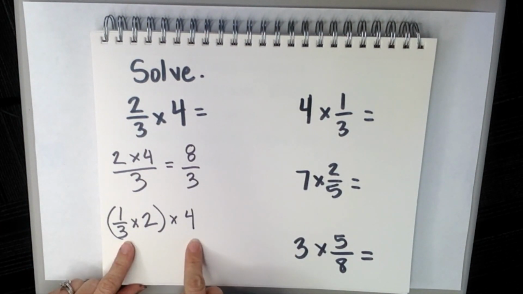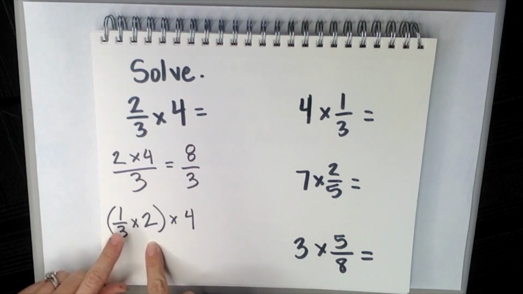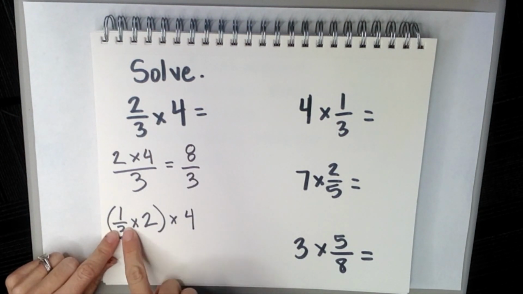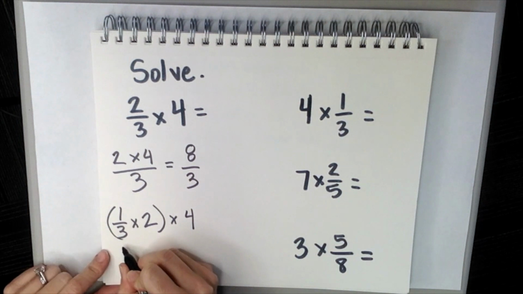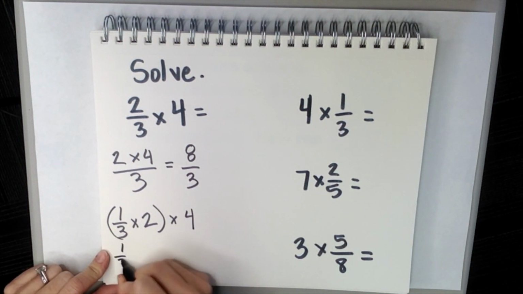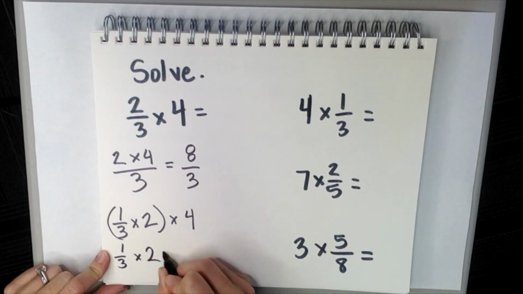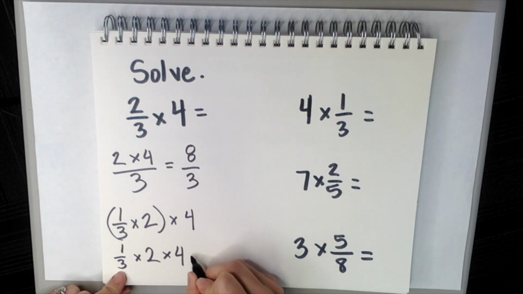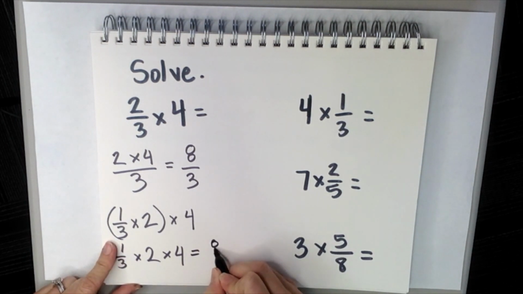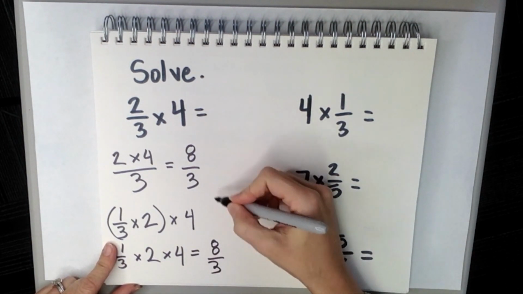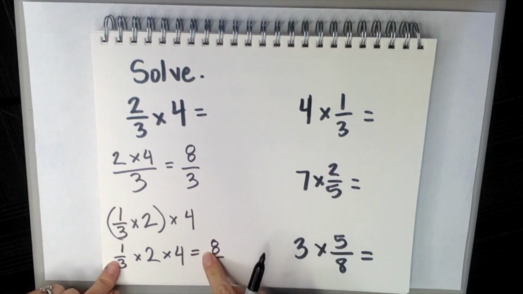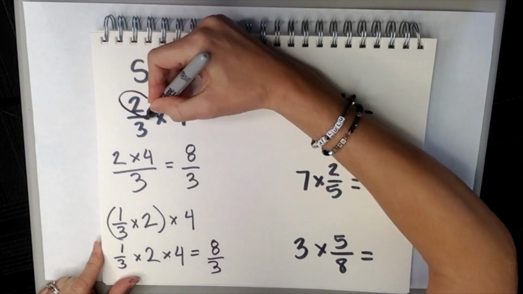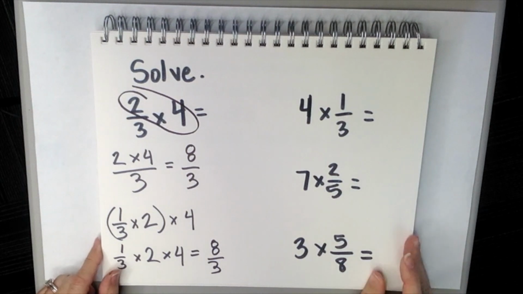So we know that here is our 2/3. 1/3 is the unit 2 times. I'm going to try putting it like this. 1/3 times 2 times 4. So now I can take 2 times 4, that equals 8, and 8 times 1 equals 8/3. So we end up getting the same thing. 2 different ways of solving, but we're just looking at that numerator and the whole number to multiply.